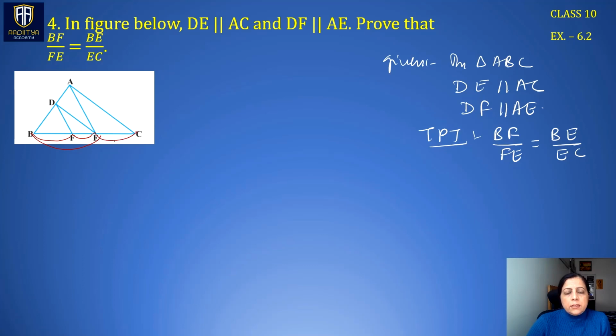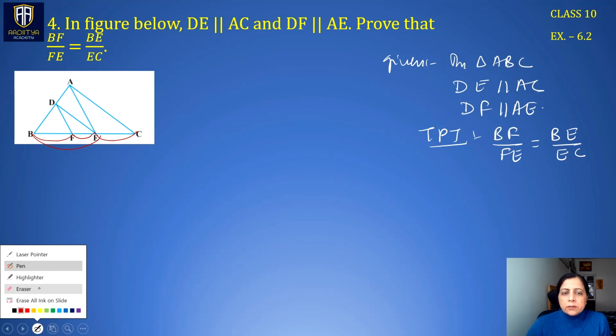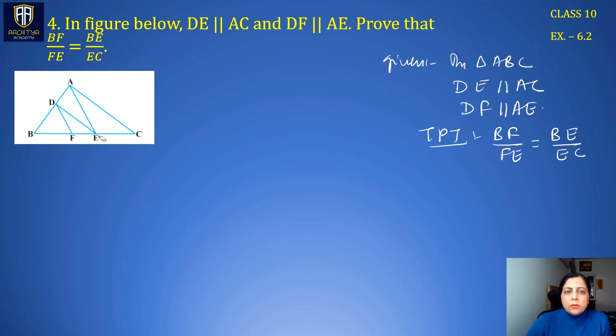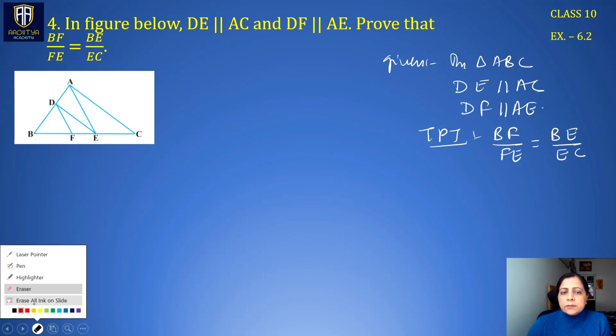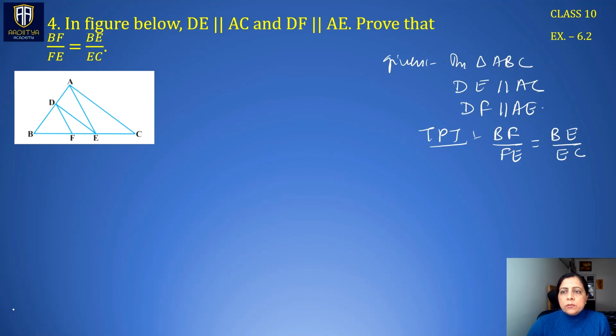Now here you can get confused because both the parts are on the same side of the triangle. If you get confused in the figure, always look for the parallel sides. Here DE is parallel to AC. Whenever we have a line parallel to some other side of the triangle, we can apply BPT over there, right?